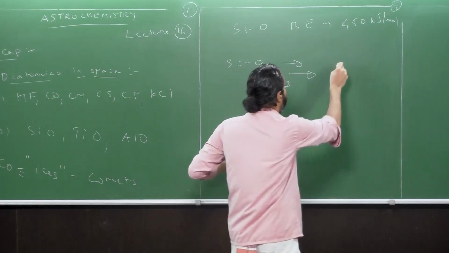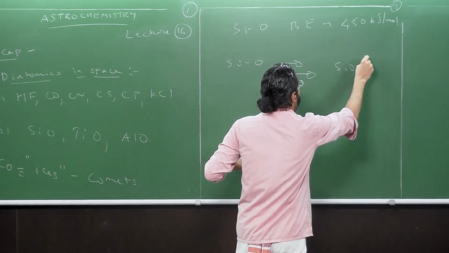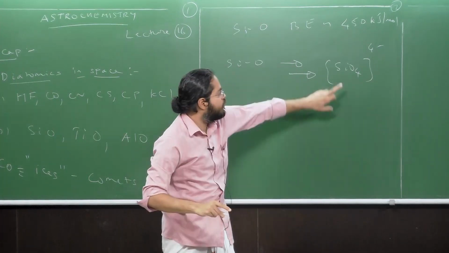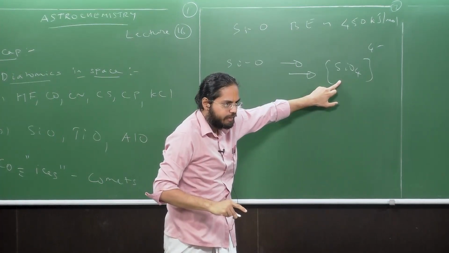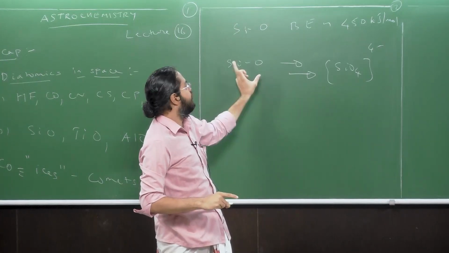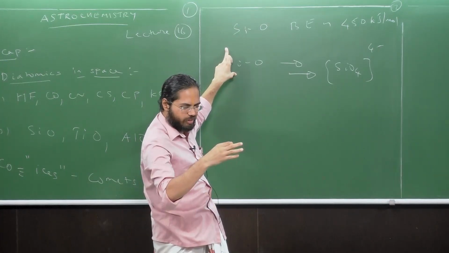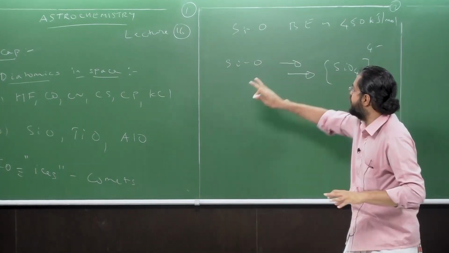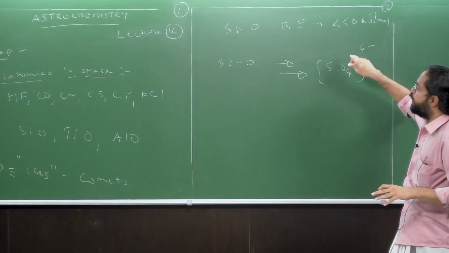So you can form SiO4 4-, a monomeric entity, because the valence of silicon is 4 normally. Now, even in the ISM, under certain conditions, this can form SiO4 4-.